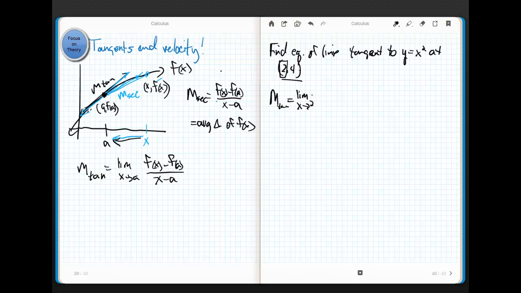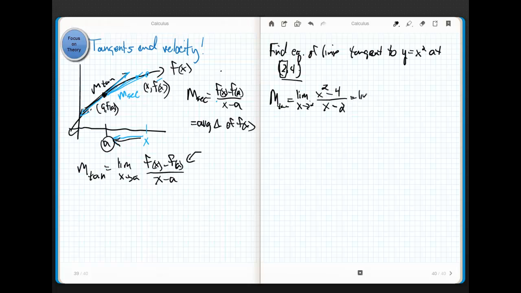So it's the limit as x approaches 2 of f of x, which is x squared, minus f of a, which is 2 squared, or 4, divided by x minus a, which in this case is x minus 2.